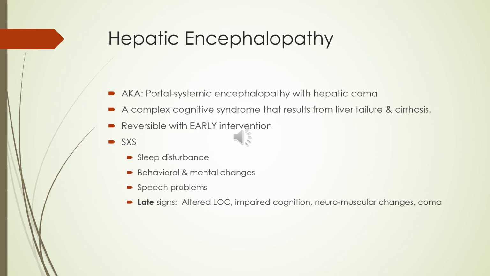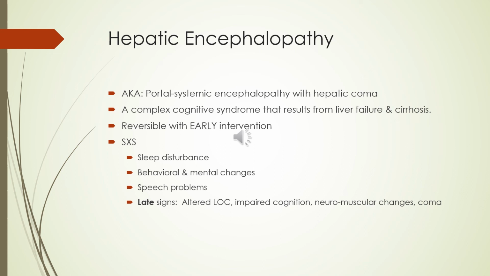And then hepatic encephalopathy is another complication that we said we were going to address. It's also known as portal systemic encephalopathy with hepatic coma. This is a complex cognitive syndrome that results from liver failure and cirrhosis, and it is reversible with early intervention.